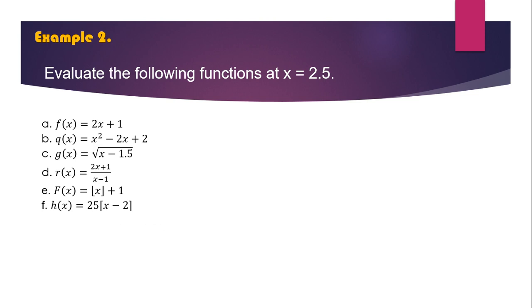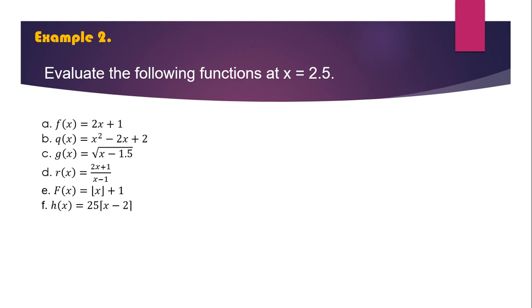Example number 2. Evaluate the following functions at x equals 2.5. Letter A, f of x is equal to 2x plus 1. Letter B, q of x is equal to x squared minus 2x plus 2. C, g of x is equal to the square root of x minus 1.5.